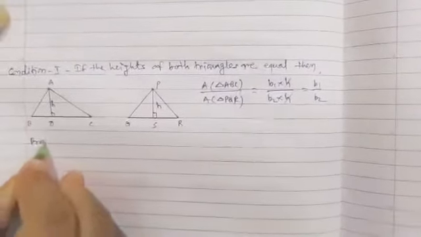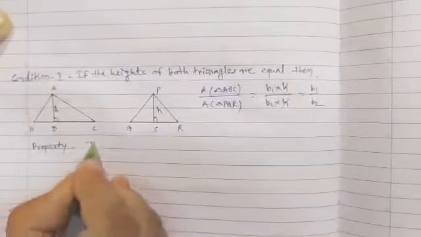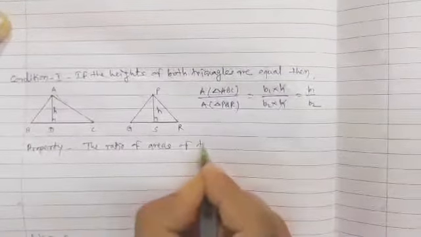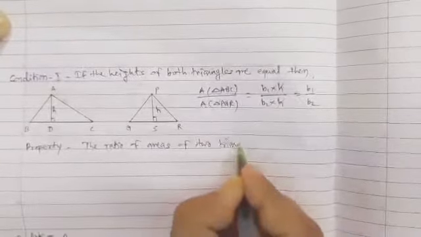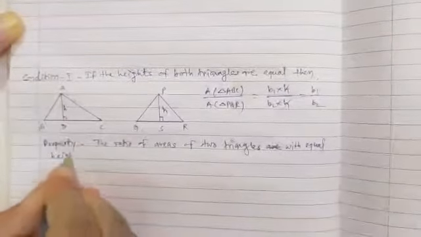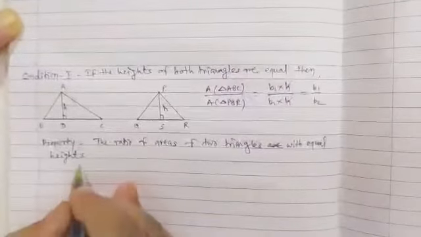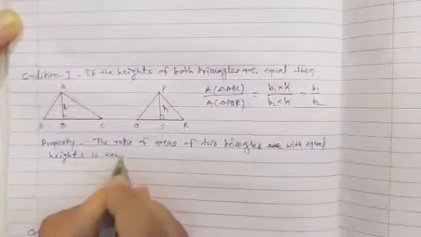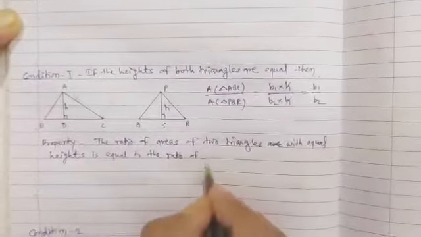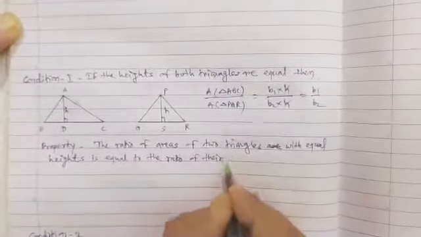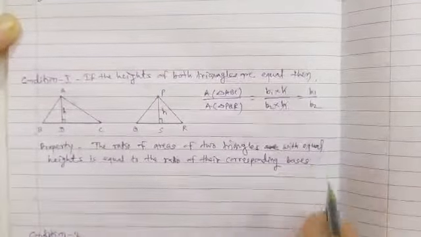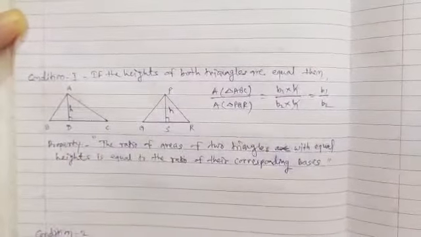So we have to write the property in this way: the ratio of areas of two triangles with equal heights, this is the condition, equal heights, is equal to the ratio of their corresponding bases. This is our first property.